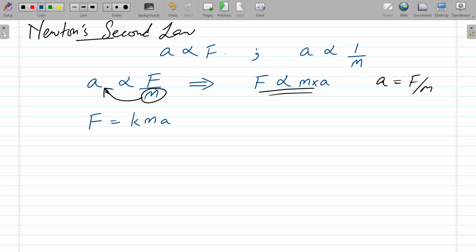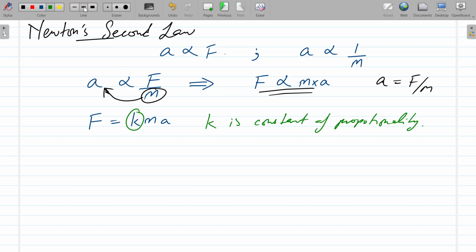These constants of different physical quantities are something that we will come across in multiple scenarios. This k will be lowercase, and that's important, because the uppercase K is the symbol for Kelvin, a temperature scale. So k is the constant of proportionality.